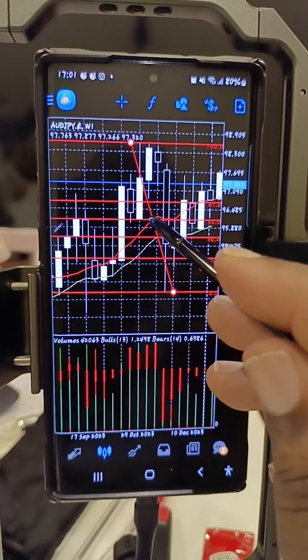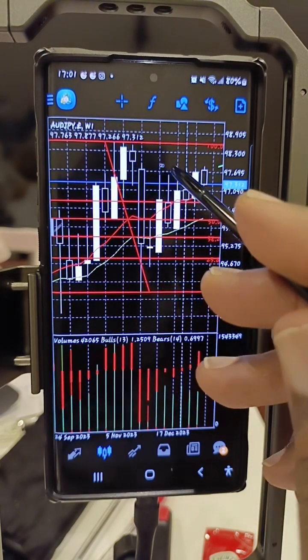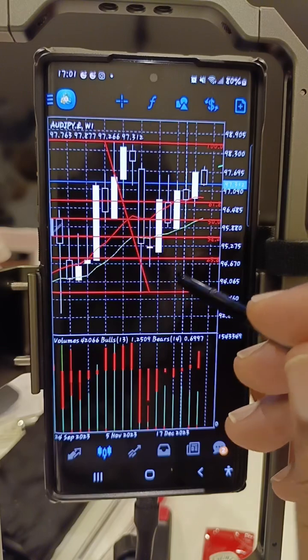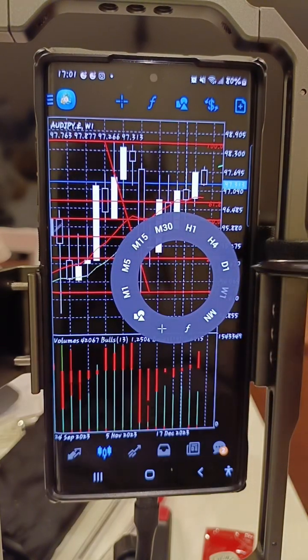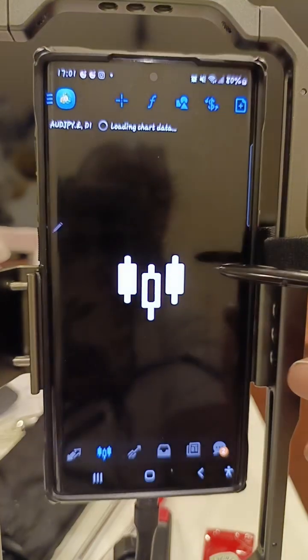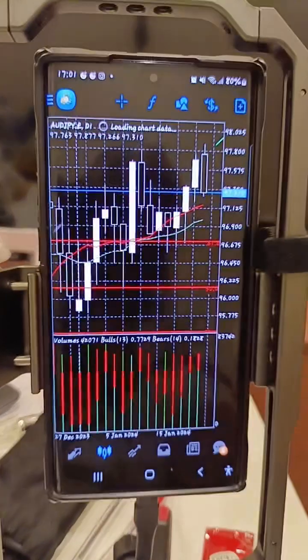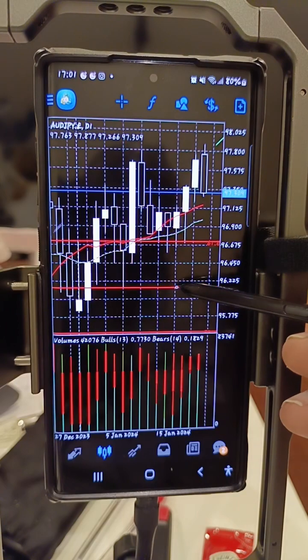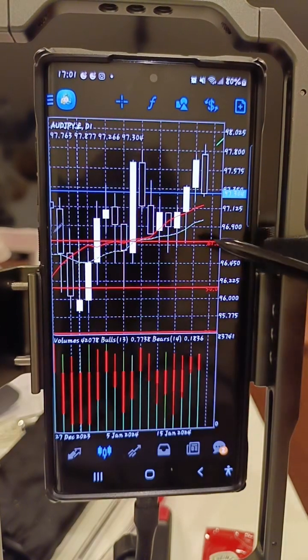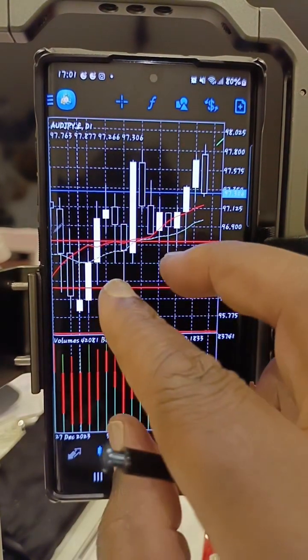Then I'm going to look to see how the candle is respecting my fib line.